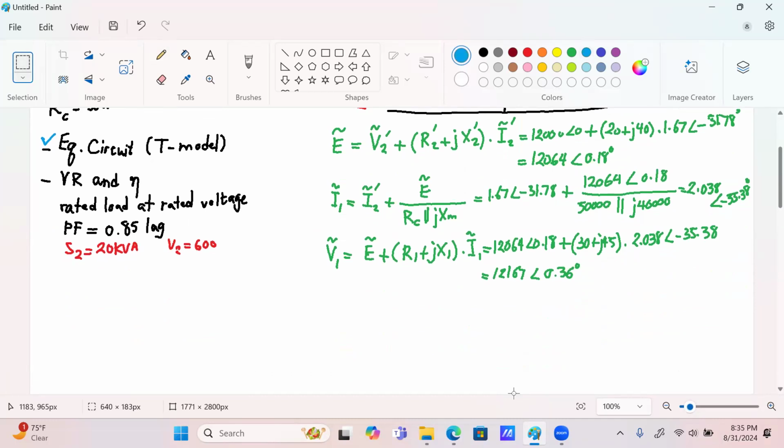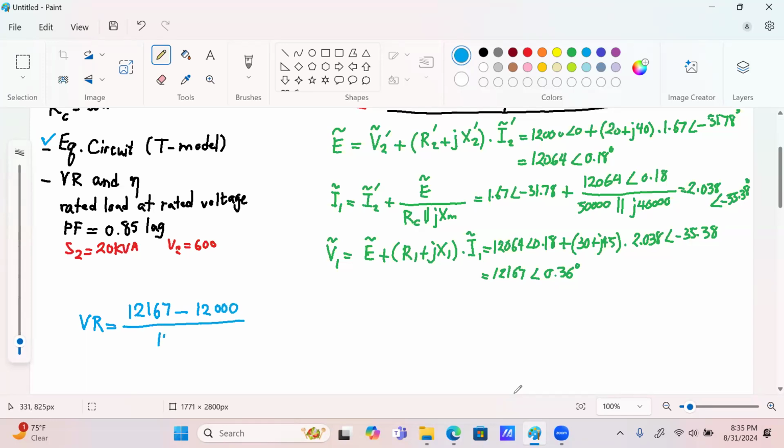So in this example, what I have for voltage regulation is the magnitude of voltage on the primary side, which is 12,167, minus the magnitude on the secondary side, but referred to the primary, which is 12,000, divided by 12,000.